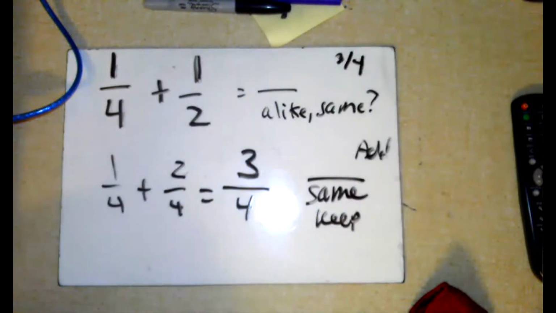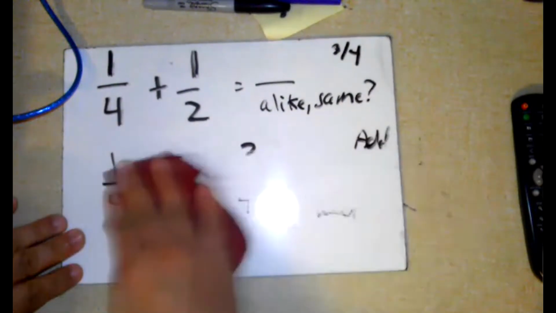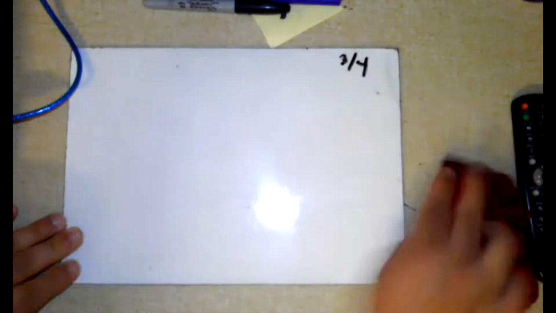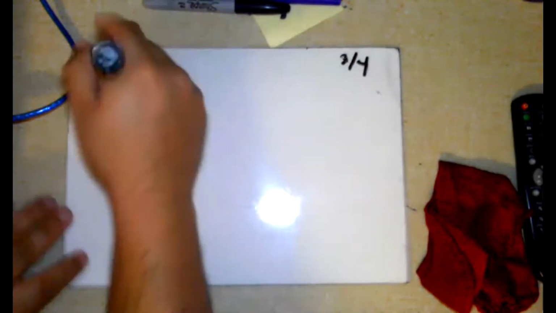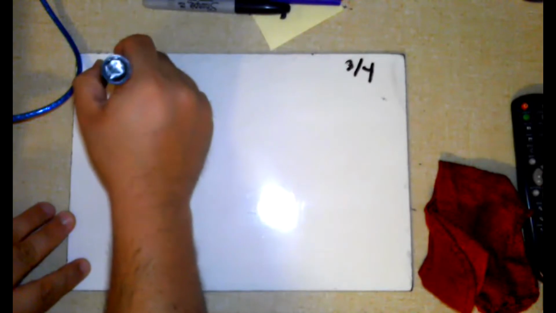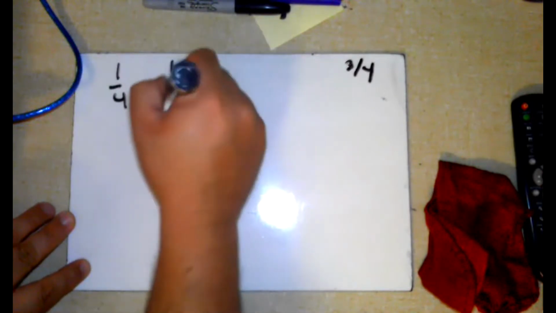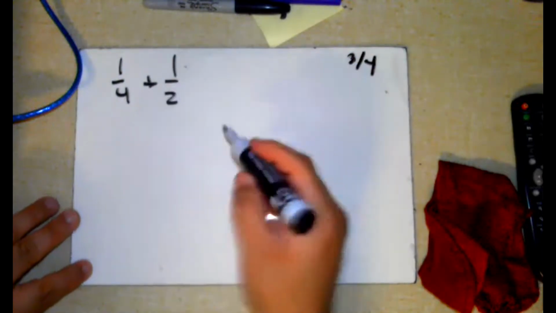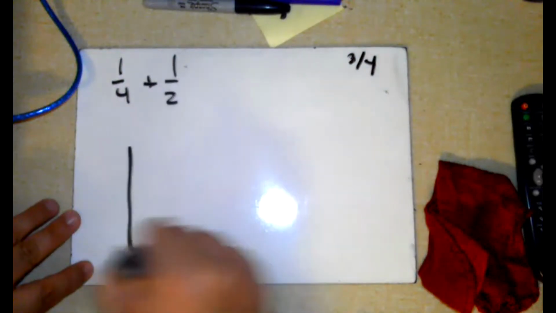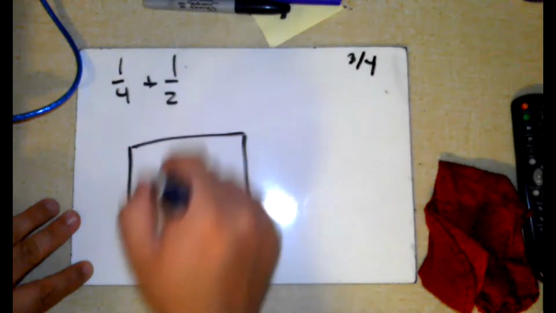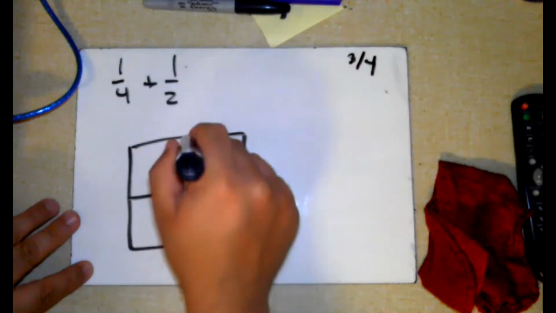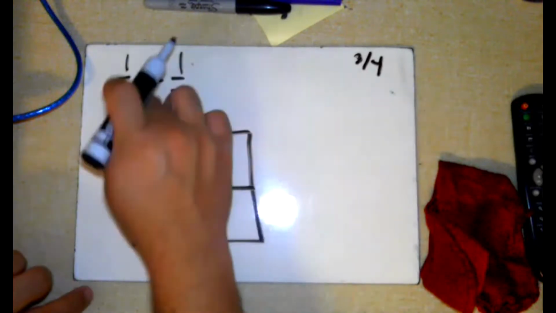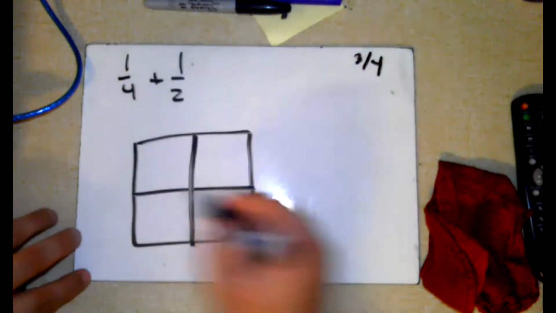Okay. Let's go ahead and, I got 1/4 and 1/2. So let's go ahead and draw it out. Let's do the 1/4 first. Okay. So 1/4. We got 1, 2, 3, 4.